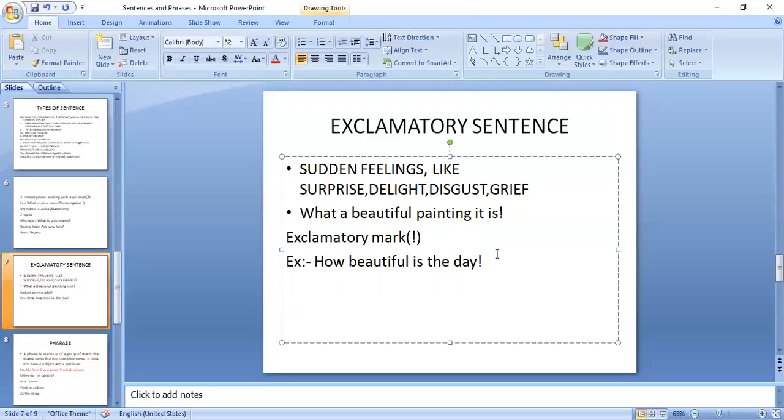Okay, it is giving surprise, delight, disgust, grief. Okay, this is all about exclamatory sentences.